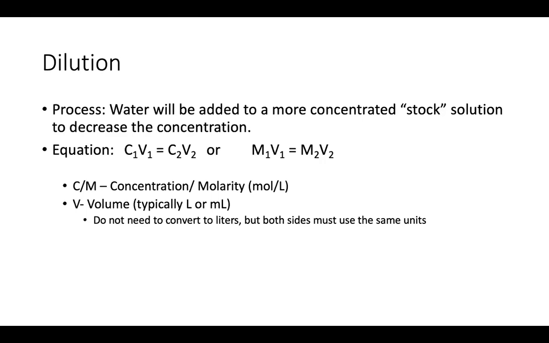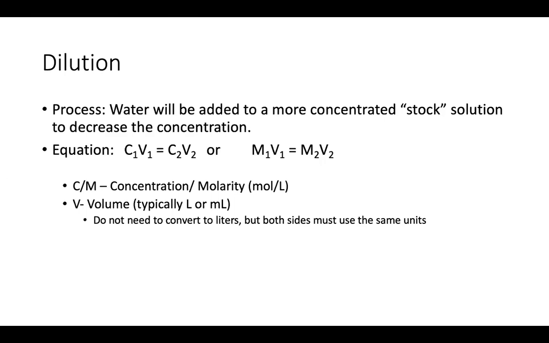And when we do dilution problems, you will typically use this equation. Now, there's 2 different variations of it. They mean the exact same thing. C1V1 equals C2V2, or you might write it as M1V1 equals M2V2. The reason you see it both ways is C or M stand for concentration or molarity, right?